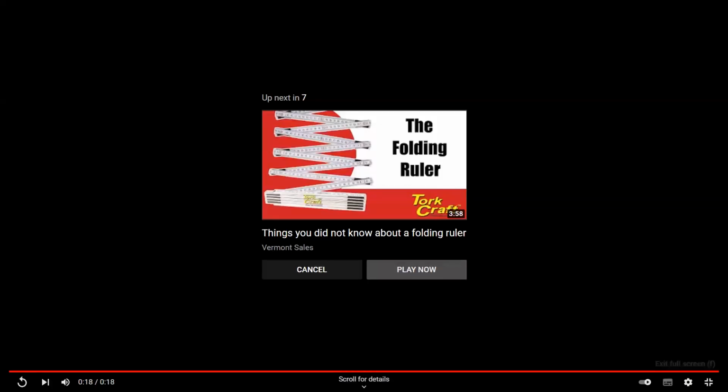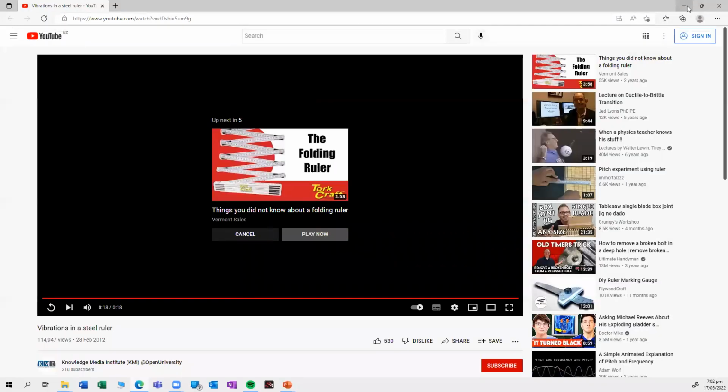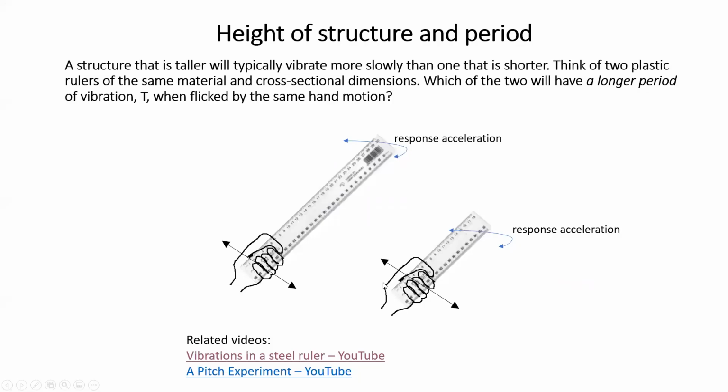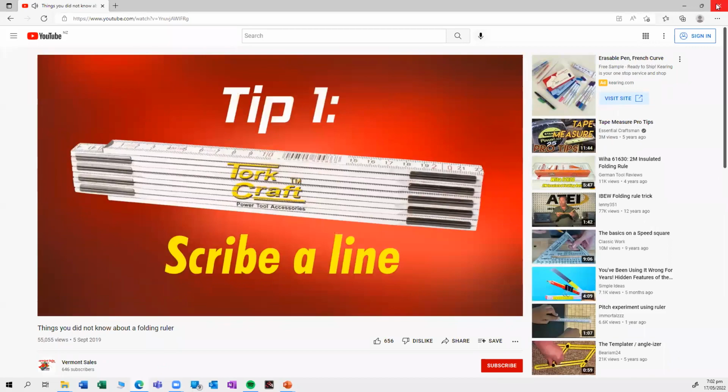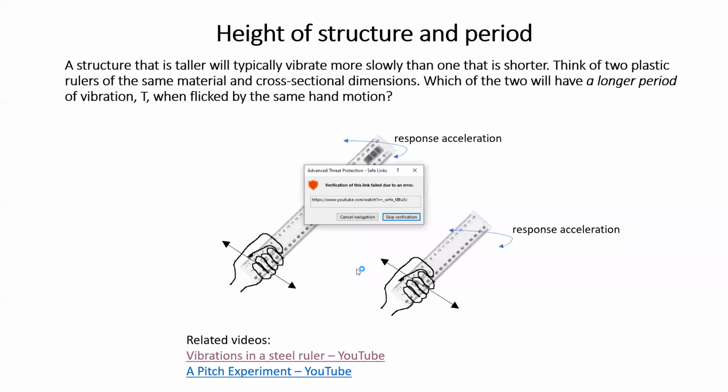I think that's a pretty good illustration. Okay, the more mass, basically, the longer the ruler is, the more mass there is, right? You can see that the period of vibration gets lower. Okay, so let's have a look at this one.